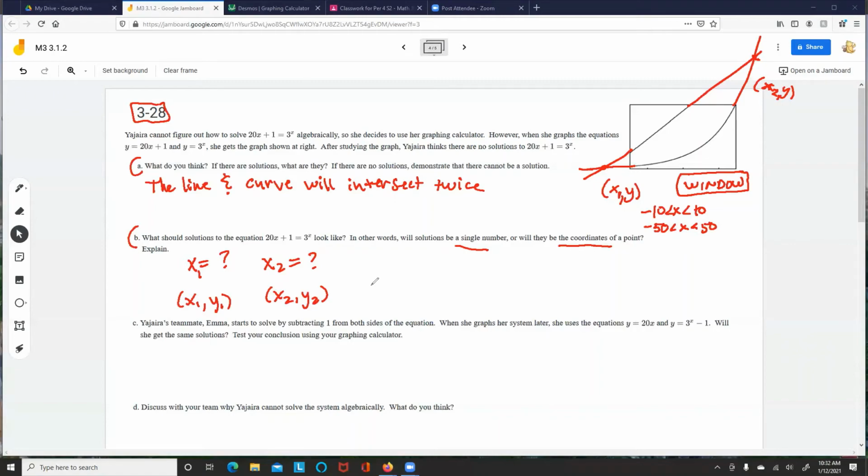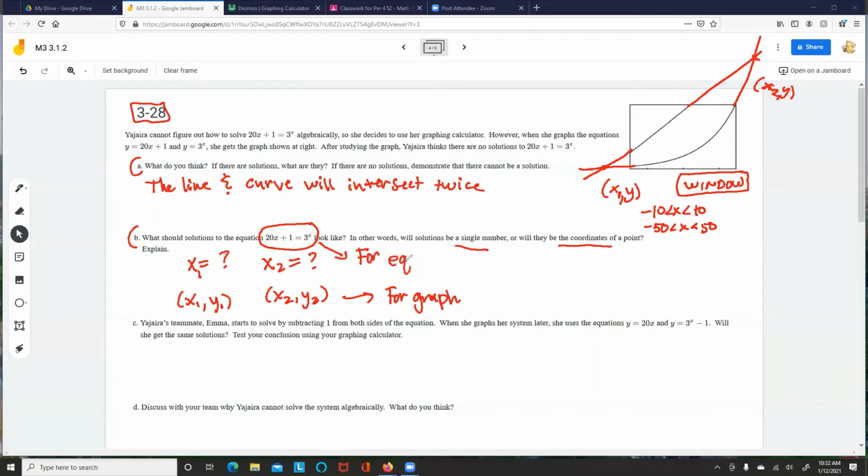An x and a y. Yeah, well, if we do the graph, we're going to get an x and a y. But if we just solve this algebraically, is there even a y in this equation? No, there's no way we can get a y for just the equation.